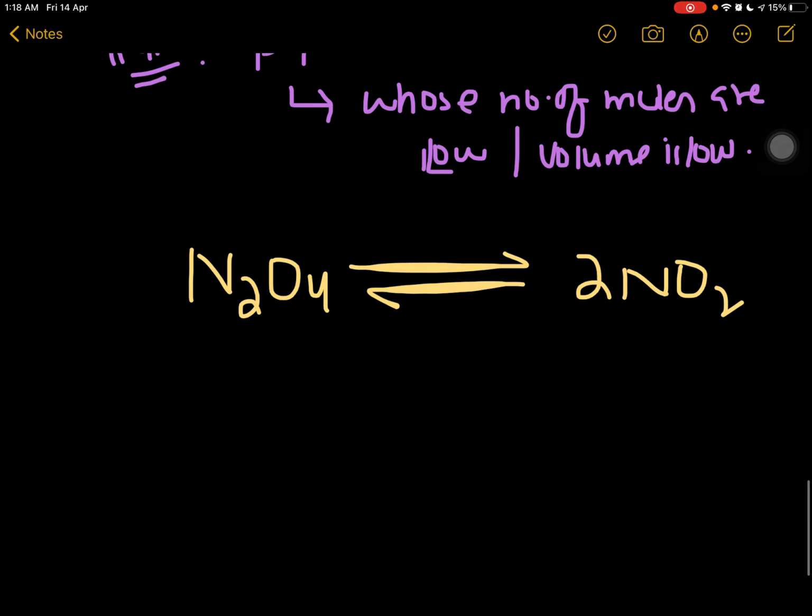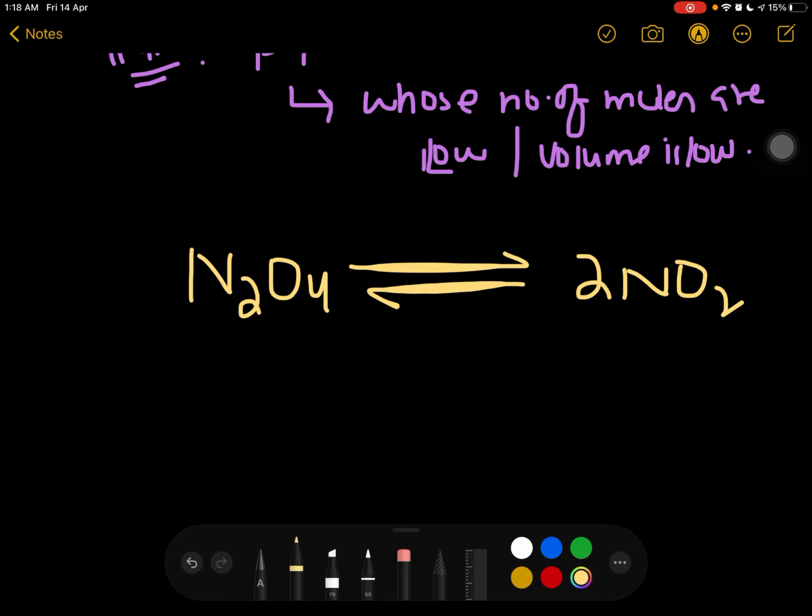If I ask you where the reaction will be directed when I increase the pressure, as you can see, we have 1 mole here and 2 moles here. As I said, when we increase the pressure, the reaction will move towards the direction whose number of moles are low. So according to this rule, the reaction will move towards the backward side.